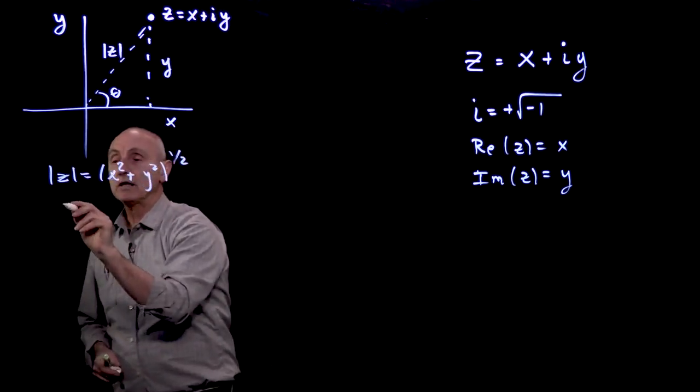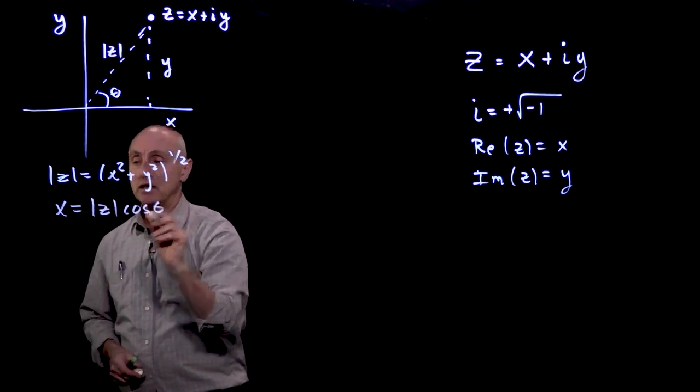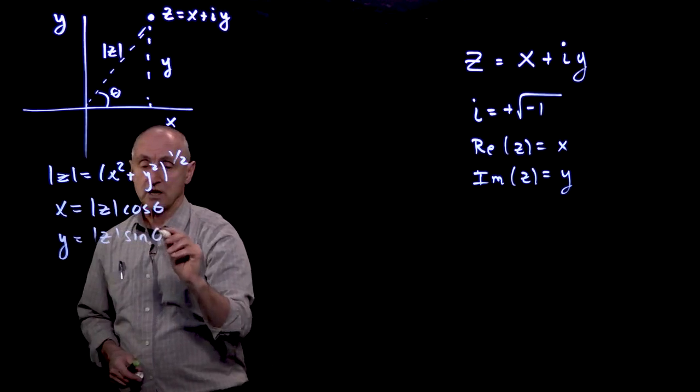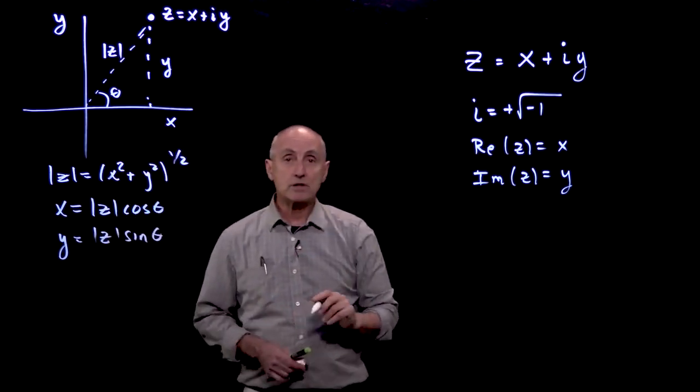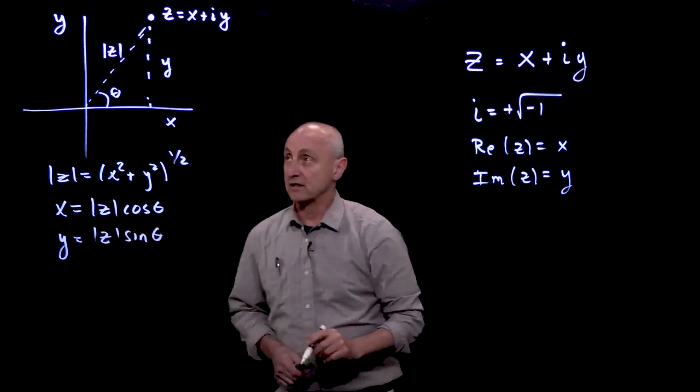And then we can write our value x as the length times cosine theta, and y as the length times sine of theta. Now, there's a more formal definition of the modulus that goes like this.